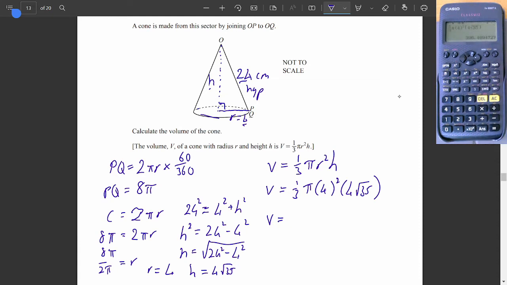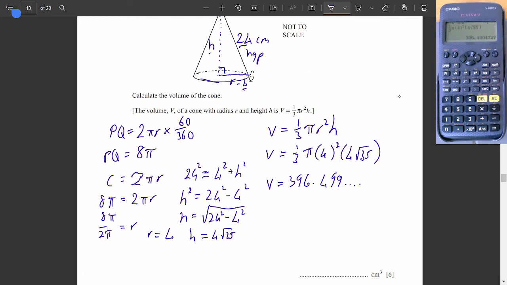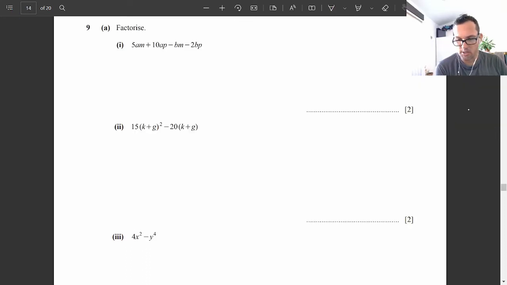There we go. 396.499, etc. That is now the most accurate answer possible. If we're going to round it to 3 significant figures, we round it after the 6. So the final answer is 396.